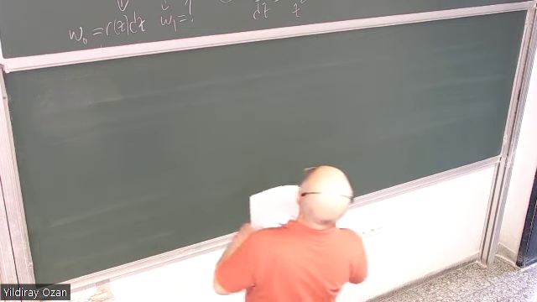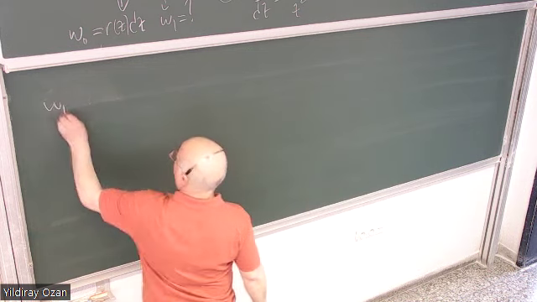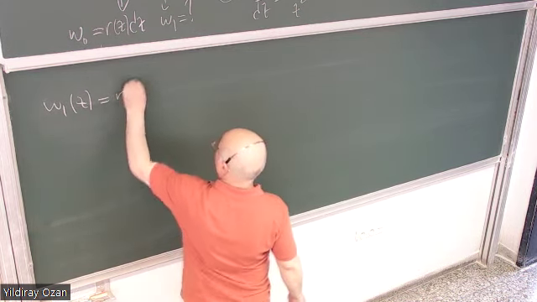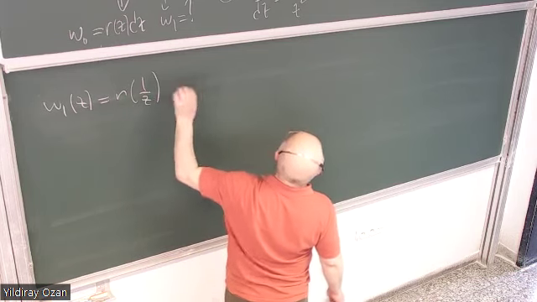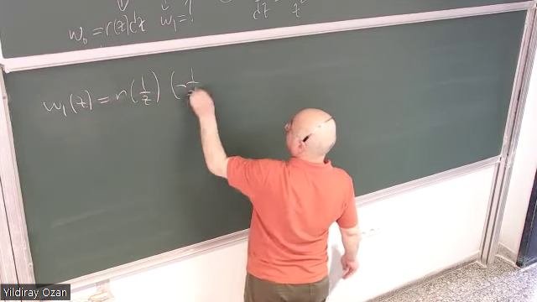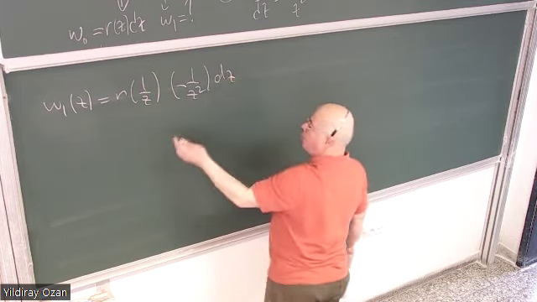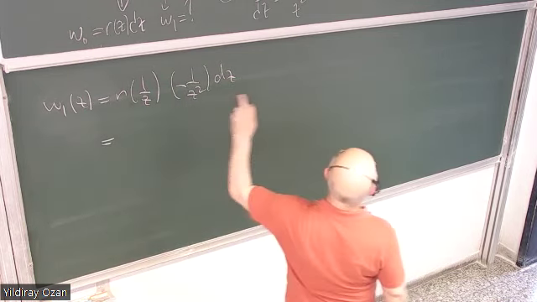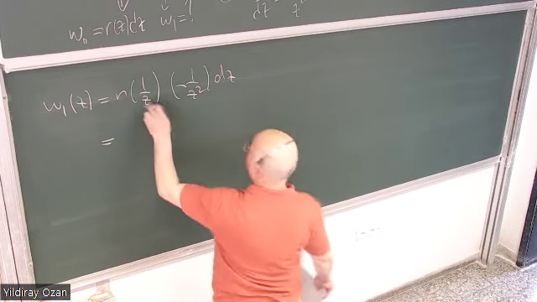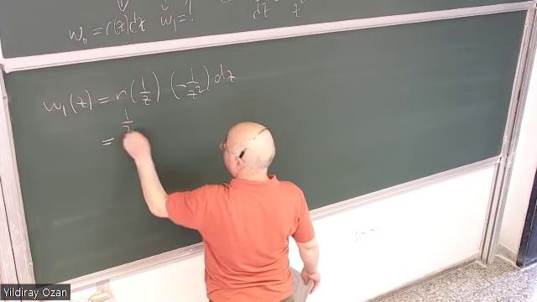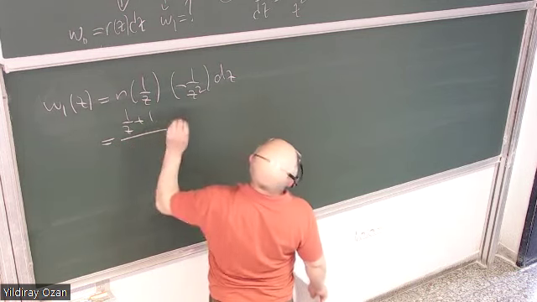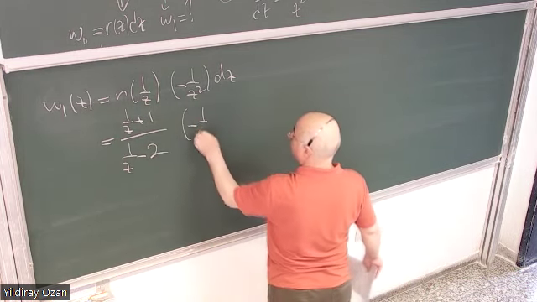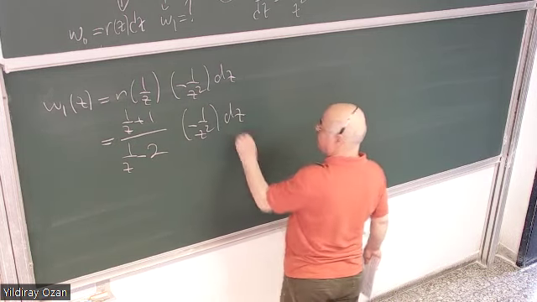W1 of Z will be R of 1 over Z and then minus 1 over Z squared dz. If I write Z there, it will be: R, the function, with 1 over Z put in, 1 over Z plus 1 over 1 over Z minus 2, times minus 1 over Z squared dz.